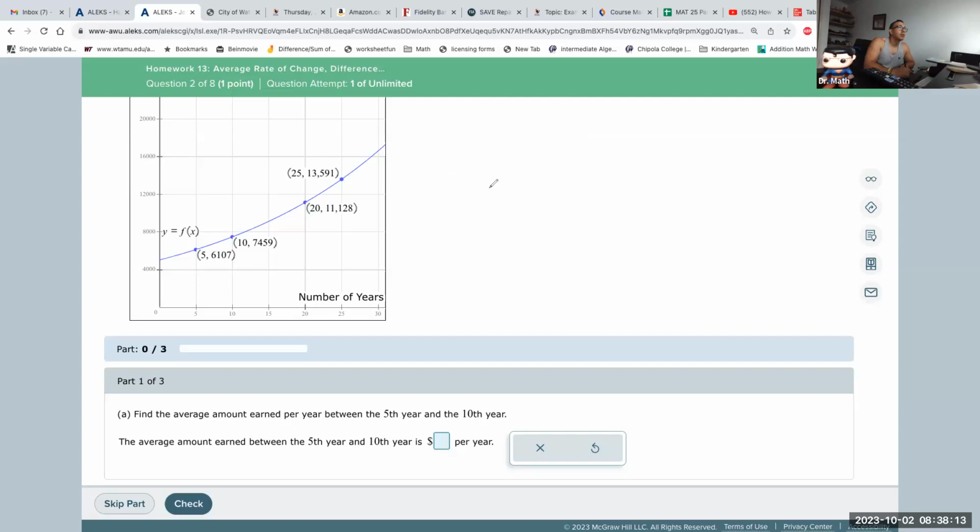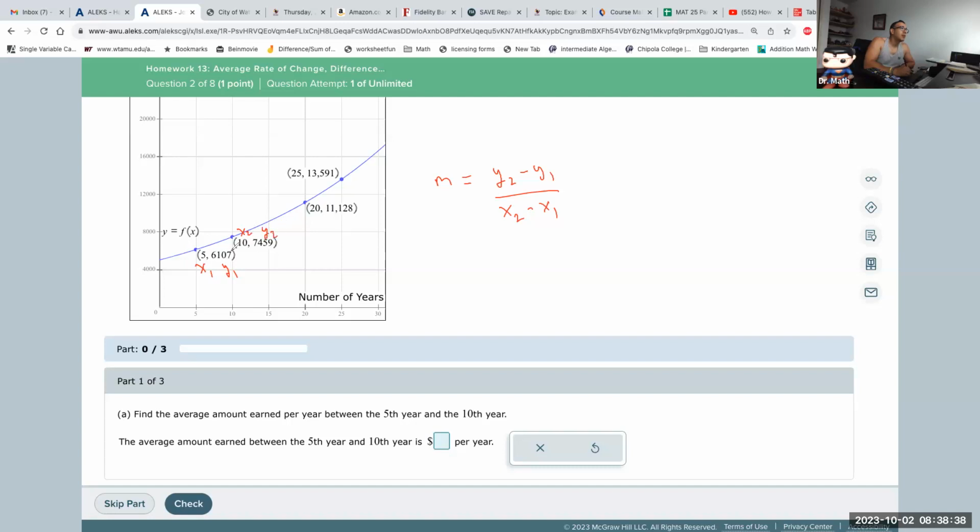Let me start off by saying my slope, which is my average, is y2 minus y1 divided by x2 minus x1. So again, we're using the same formula. Here we could say this is my x1, y1, and this 10 will be my x2, y2.